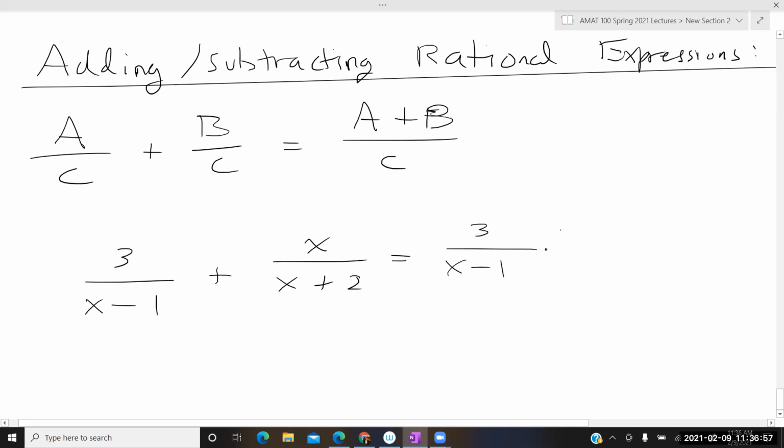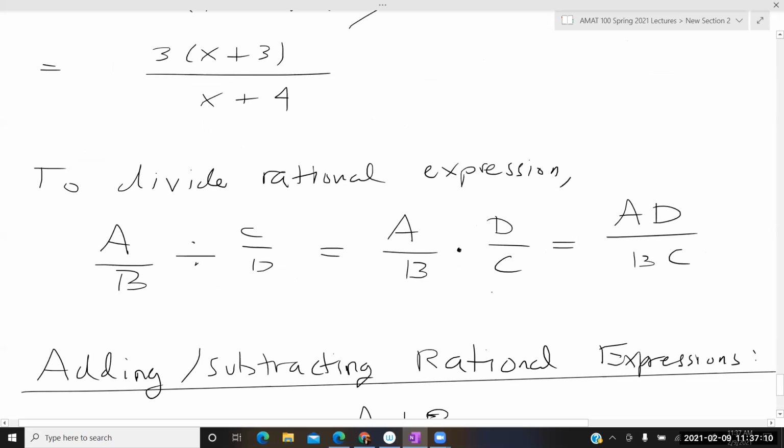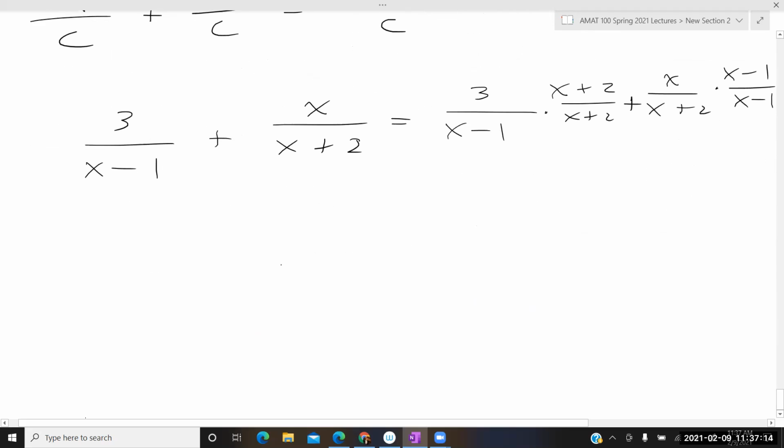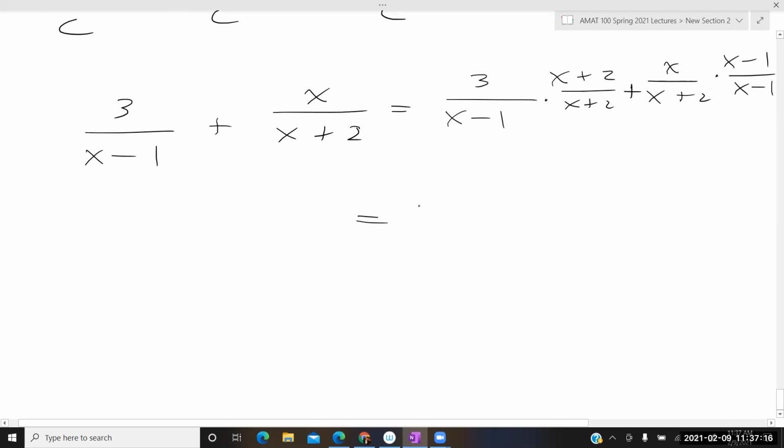We'll multiply the first fraction by x plus 2 over x plus 2, and the second fraction by x minus 1 over x minus 1. And you'll see that this does indeed give us two fractions with the same denominator.